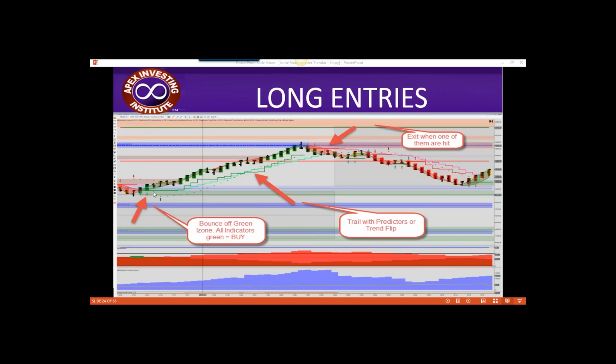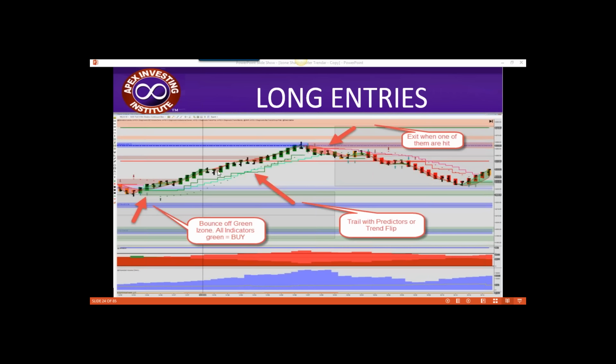Okay. Now, remember how I told you a second ago, remember our MVP predictors, these little triangles? Those weren't lining up yet, were they? Well, we're not needing those to line up. We're using these to help trail our stops. As we get in and follow the market up, I can trail my stop with either the trend flip line or the MVP predictors.